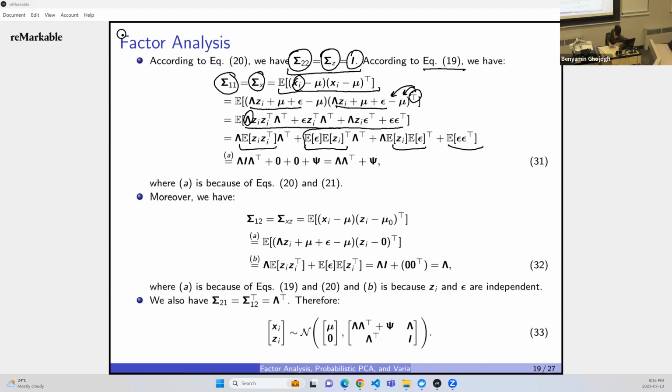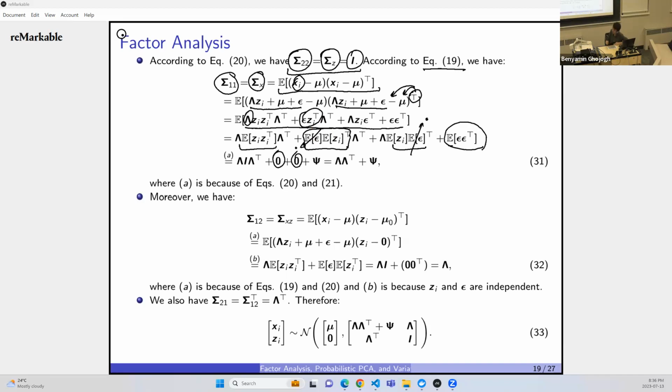Why am I allowed to write expectation of epsilon zi transpose as expectation of epsilon, expectation of zi transpose? Because epsilon and zi transpose, or zi, are independent random variables. Okay. What is expectation of epsilon? It is 0. What is expectation of epsilon here? 0.